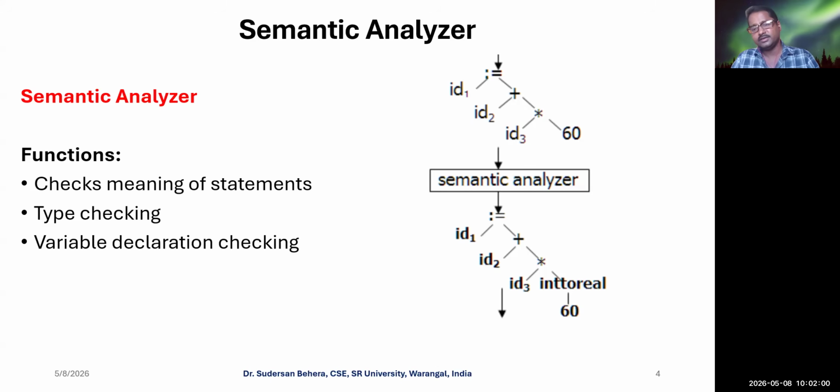The same file you cannot store in the same location more than one time. In the same way, how can one variable hold two different values and store them in the same place of the memory? This is also one of the major roles of semantic analysis.